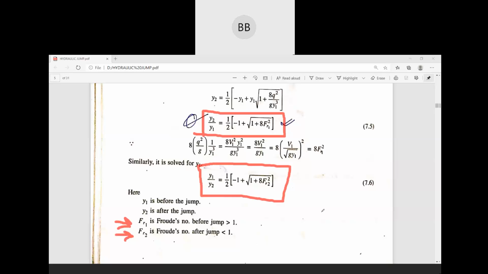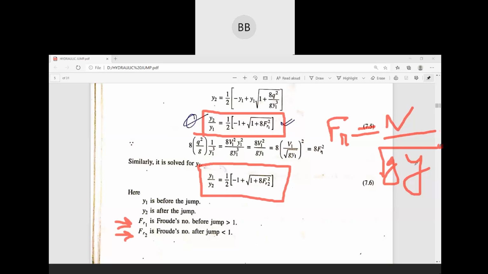If you remember the Fr equation, V by root over g y for a rectangular channel, so y is inversely related to Fr. Before the jump, your y value is small, so Fr is greater than 1. After the jump, your y value is higher, so your Fr value reaches 1. So you should remember these two expressions.